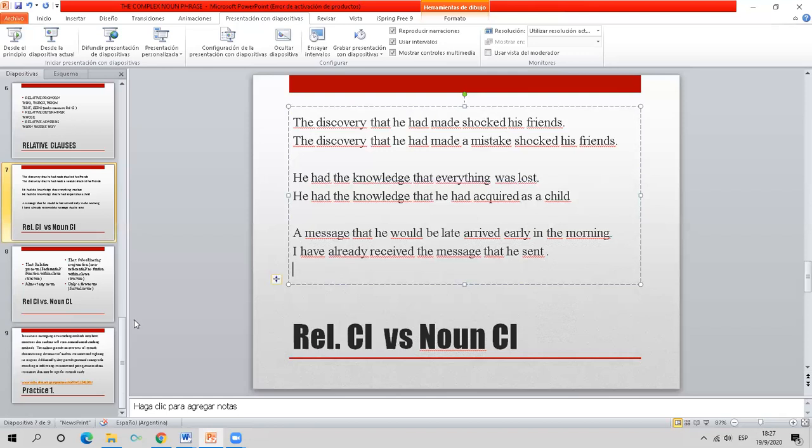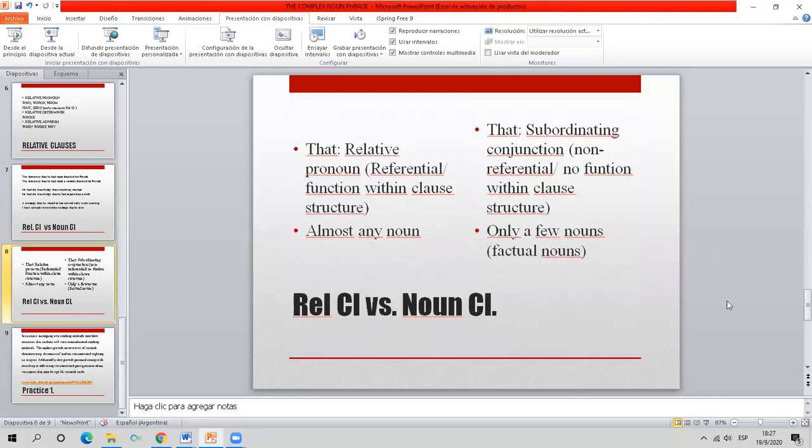Now, how can we tell one from the other? Let's compare some points. Well, first of all, you may have that in both. You may have that, but in the case of a relative clause, you have a relative pronoun which is referential and which has a function within clause structure.